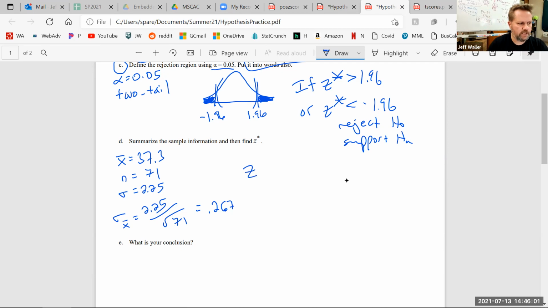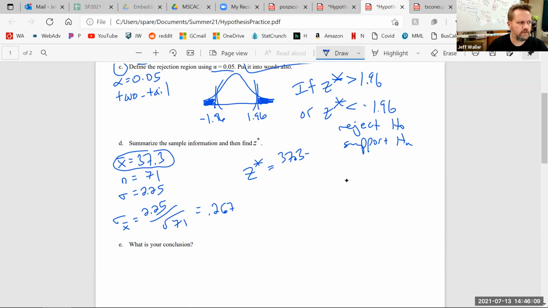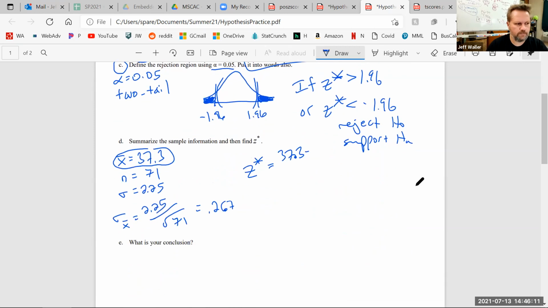So now the z star is going to be our data, the sample mean that we got, minus the supposed middle, which is 38, divided by the new spread, which is 0.267. I got negative 2.621 or 2.622.